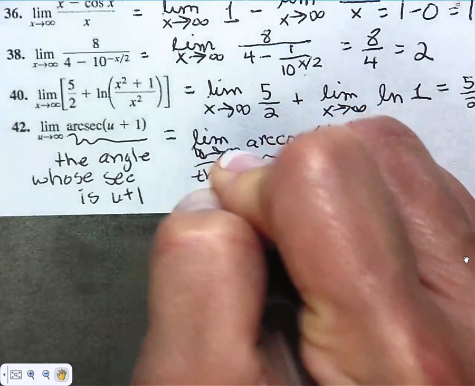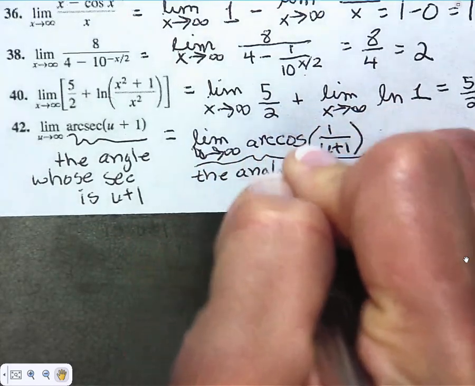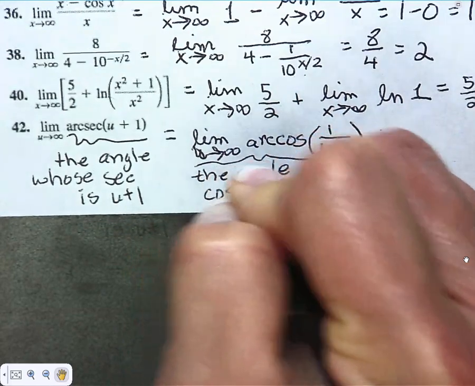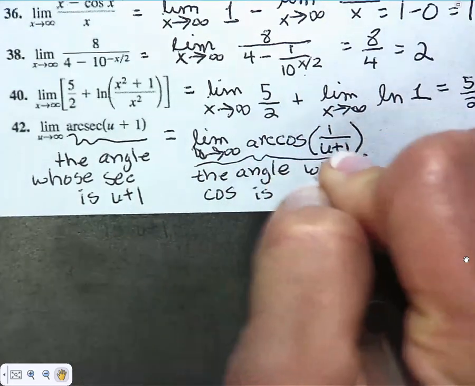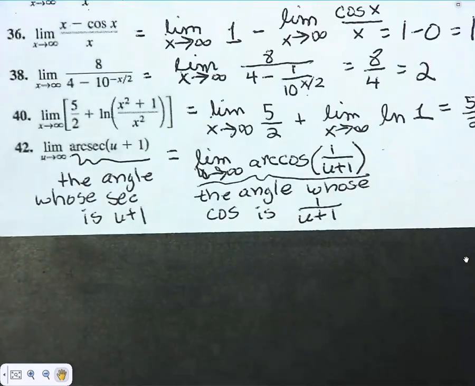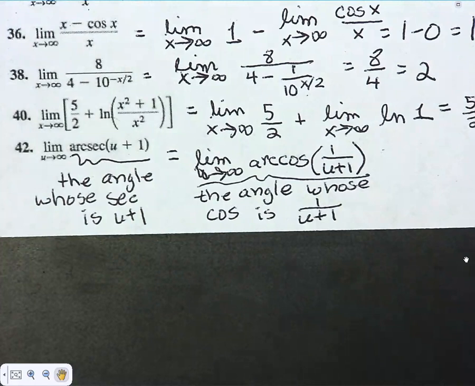That's the angle whose cosine is 1 over u plus 1. It also helps me that that's a rational expression now, 1 over u plus 1. As u goes to infinity, what is this becoming?